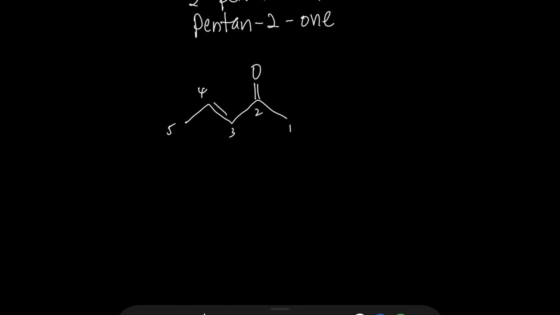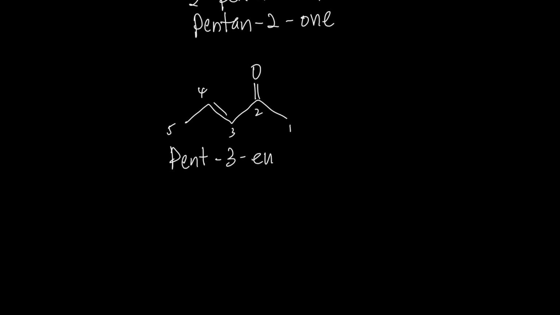So it is now pentenone, which indicates you have a double bond. So the double bond is at carbon number 3: pent-3-en-2-one. Okay, the double bond is at carbon number 3. The carbonyl carbon is carbon number 2.